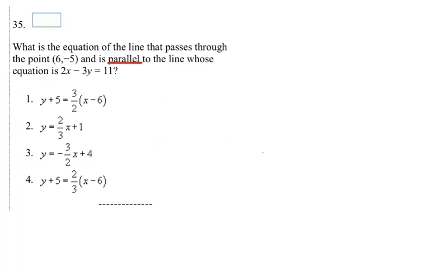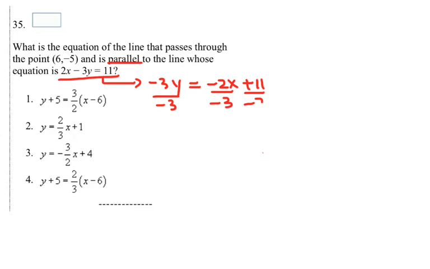Similarly, we are looking for parallel. That means we need to find the slope here first. So I'm going to subtract 2x. Then we get -3y = -2x + 11. And then when we divide the whole thing by negative 3, we get y = 2/3 x - 11/3.